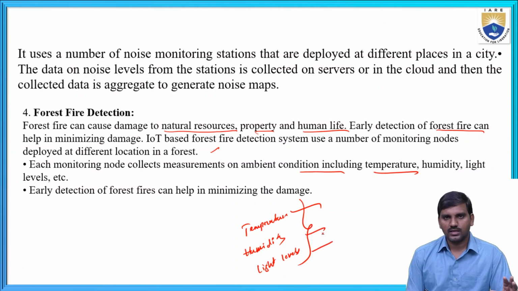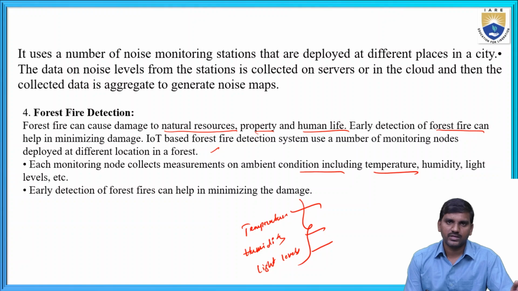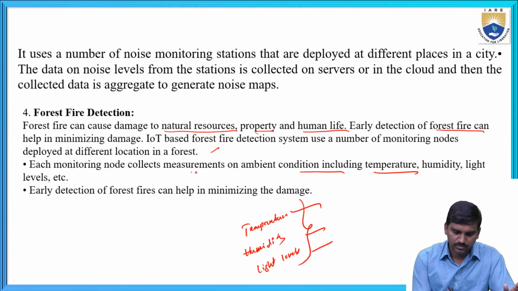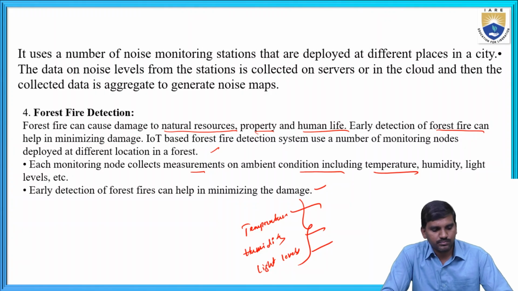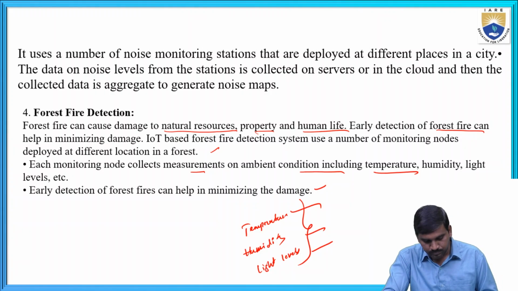The sensor records the data, and alerts can be sent to the particular destination. Based on those alerts, the forest department can take action immediately. Early detection of forest fires can help in minimizing the damage. This helps in forest fire detection.